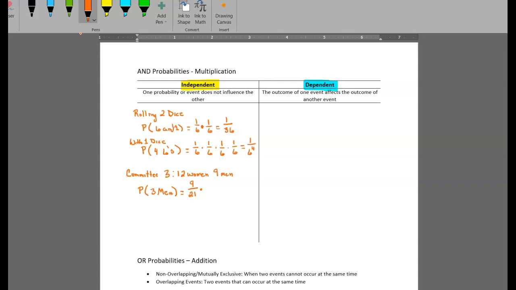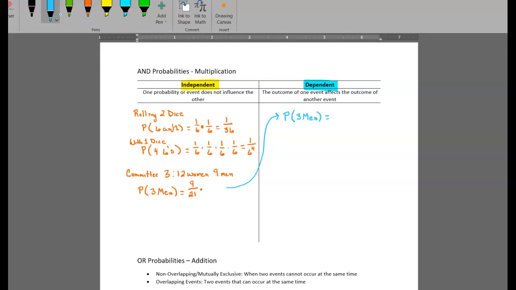So this is actually not an independent event because we don't have 9 men anymore. We've pulled 1 away, so it's no longer independent, it's now dependent. So the dependent event is when one outcome affects the other one. This is how we segue into knowing the difference between a dependent event and an independent event.